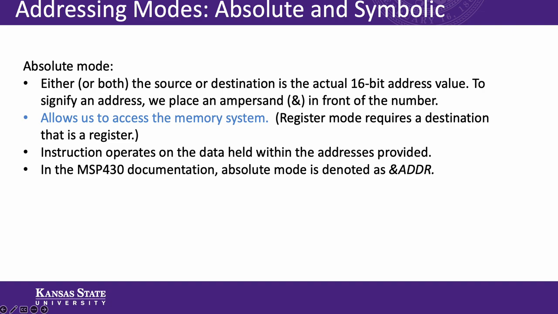This is the first mode that allows us to access the memory system. If you recall, register mode was accessing the registers, R4, PC, SP, right? That was not a mode that allowed us to access the memory system. Because we're accessing the memory system, we need to know the addresses.